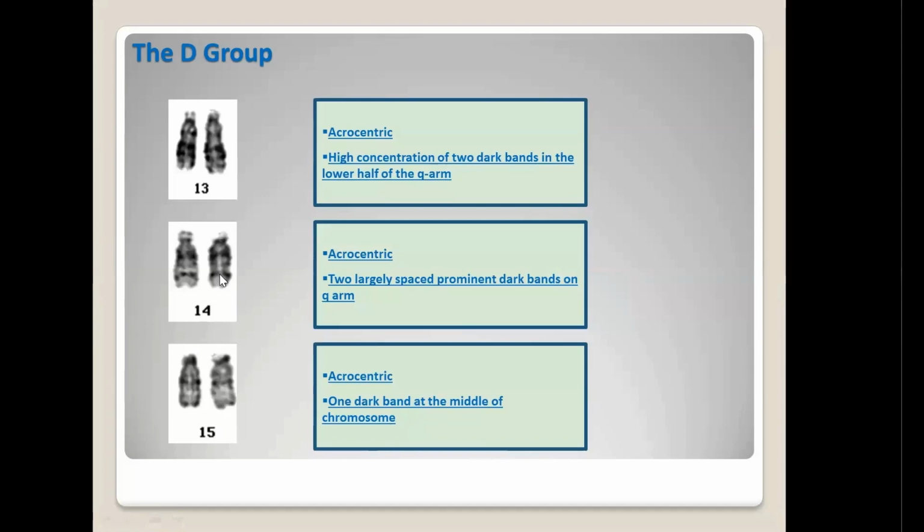Means the space between the 2 dark bands is larger in chromosome 14, while it is lesser in chromosome 13. In chromosome 15, there is 1 dark band right at the middle of the chromosome. That is it.